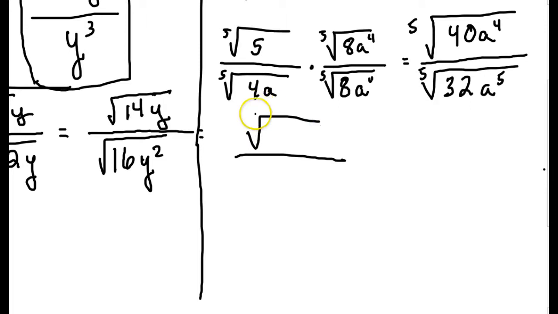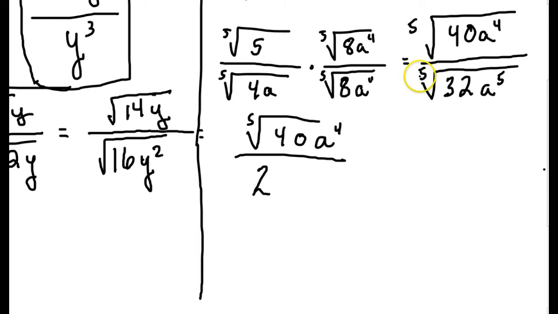You did 8a to the second, I think. Okay, you're on the right track. What is the 5th root of 32? What number multiplied 5 times together gives us 32? 2. So the 5th root of 32 just becomes a 2.